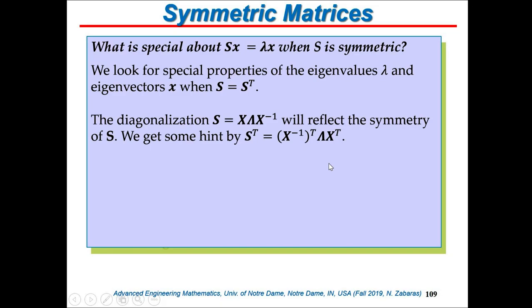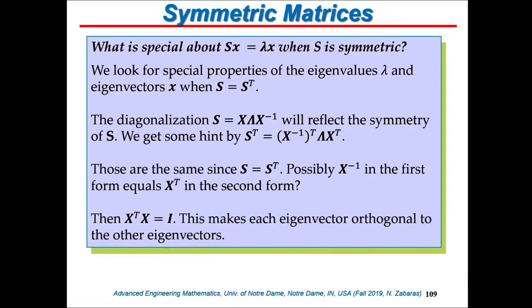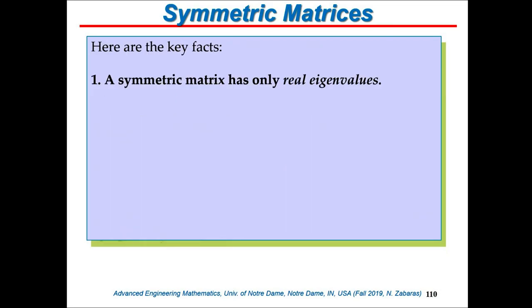So really that matrix X becomes an orthogonal matrix, and that's why we denote this diagonalization for symmetric matrices as Q lambda Q transpose, because Q inverse is equal to Q transpose. So we don't use X for the case of symmetric matrices. We emphasize that it is an orthogonal matrix, so we use Q instead.